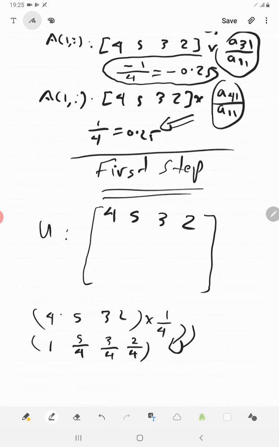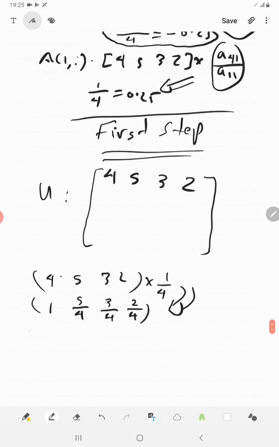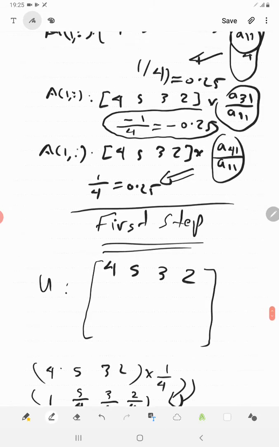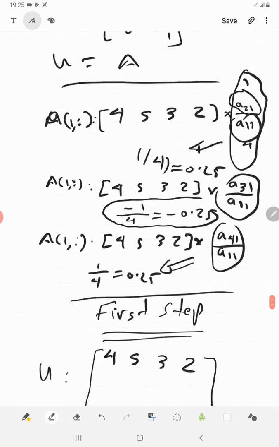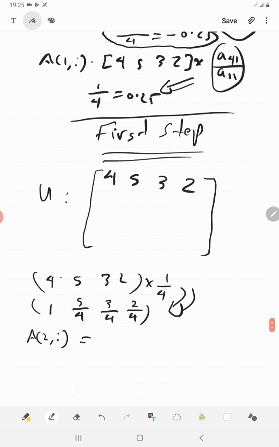Then we come to the second row here. A21 is equal what? The second row, go back to the second row from the A matrix. Let me just do it in MATLAB. This is 1, 9, 3, 2.